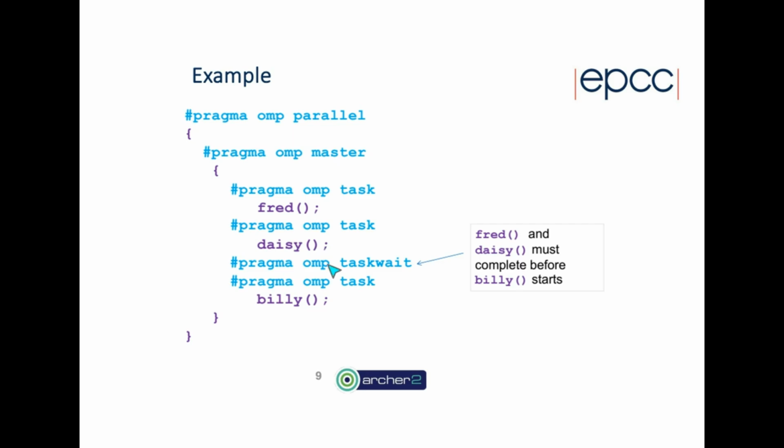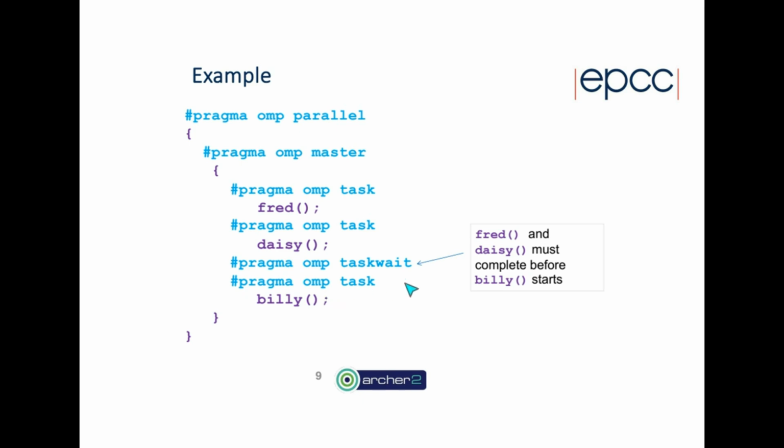Okay. And then once the Fred and Daisy tasks have completed, the master thread can carry on executing and generate the task for Billy. Okay. So this can be used as a mechanism for enforcing some ordering between tasks.